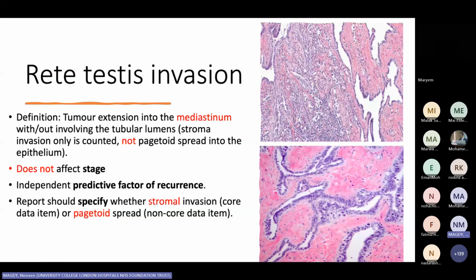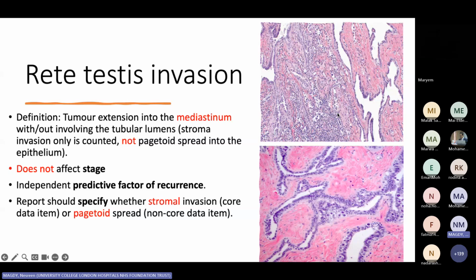Moving to the rete testis invasion, it's defined as the extension of the tumor into the mediastinum with or without involving the tubular lumina. So it is the stromal invasion, the invasion of the rete stroma, that counts, not the pagetoid spread under the epithelial lining of the rete testis spaces.